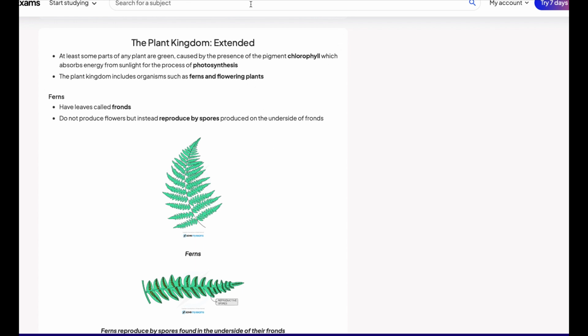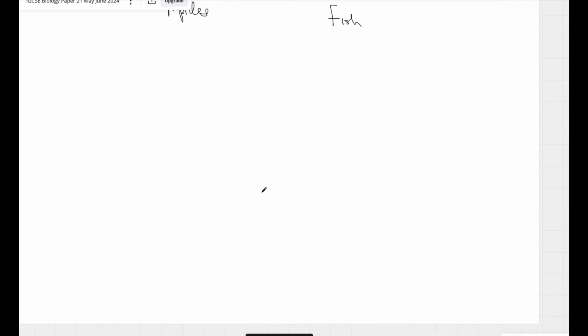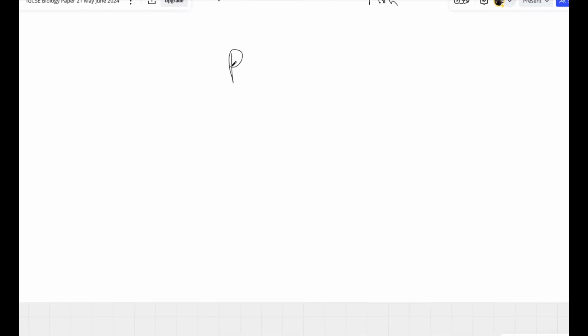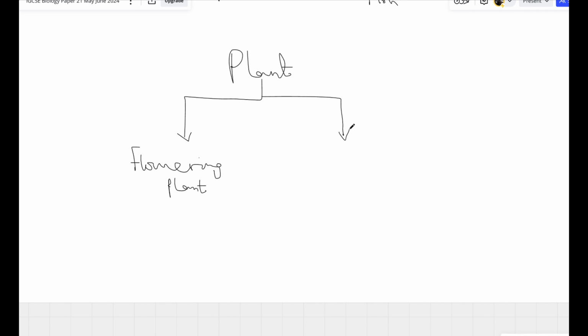The plant kingdom is divided into two. This is for animal; the plant is divided into two. The first one is the flowery plant, and the second group is called ferns.